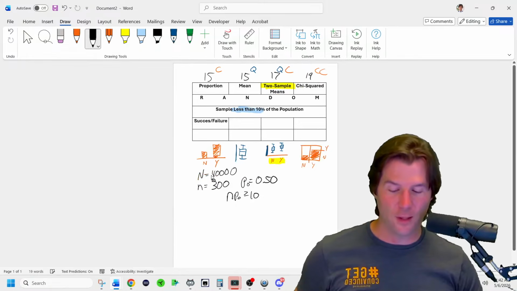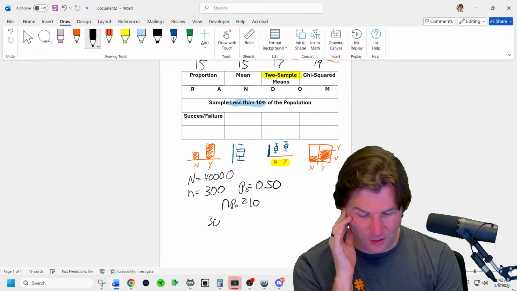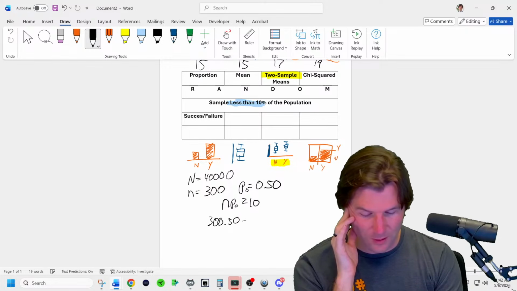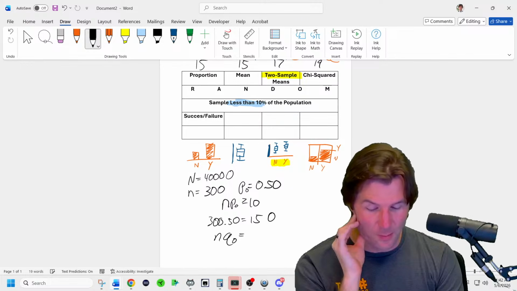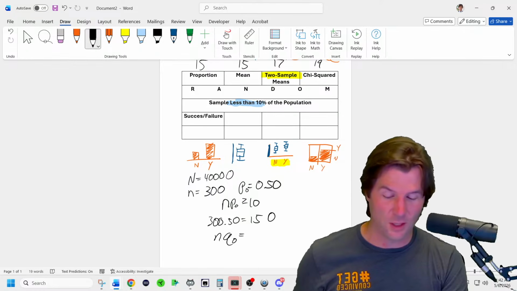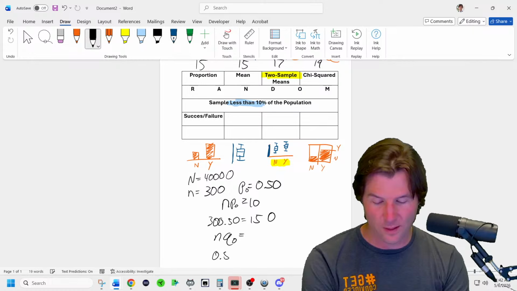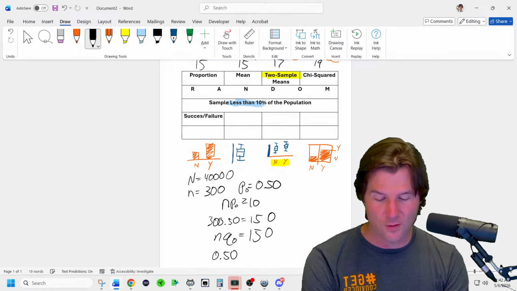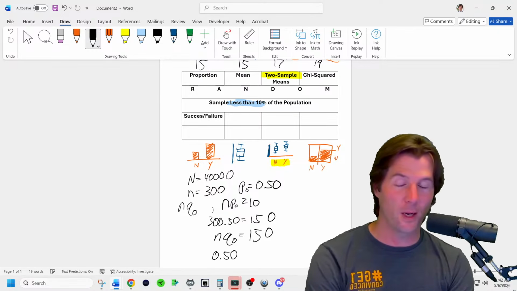So just solving the math right here, 300 times 0.50 is equal to 150. And you have to do n q naught, which is the complement of p naught, greater than or equal to 10 also. It's the same math because q naught is also 0.50. So that's also 150. And so it's both n p naught and n q naught when doing a hypothesis test.